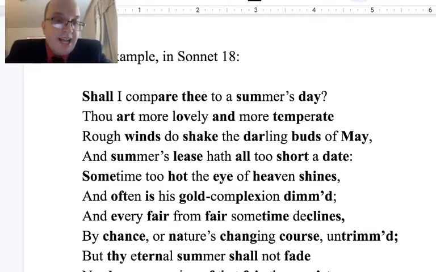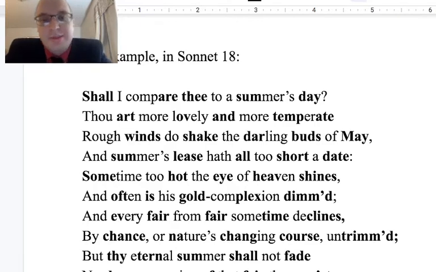So, shall I compare thee to a summer's day? Thou art more lovely and more temperate. Rough winds do shake the darling buds of May, and summer's lease hath all too short a date.